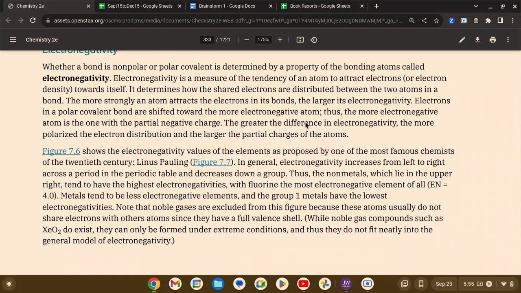Metals tend to be less electronegative elements, and the group 1 metals have the lowest electronegativities. Note that noble gases are excluded from this figure because the atoms usually do not share electrons with other atoms, since they have full valence shells. While noble gas compounds such as those of xenon do exist, they can only be formed under extreme conditions, and they do not fit neatly into the general model of electronegativity.